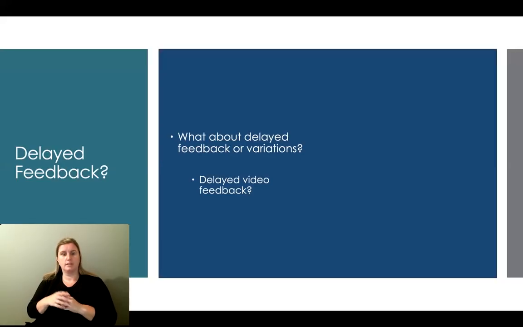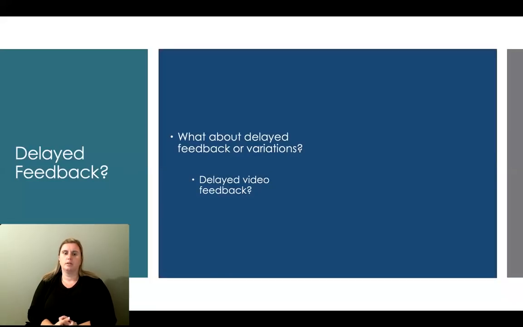The downside is that it may require additional resources. Another advantage of delayed feedback could be that it allows us to capture additional components of implementation that we may not have been able to capture during the live observation. So it's something to consider, an application of feedback in this model of training that could be really beneficial, but again, it may have some limitations, specifically with respect to resources.